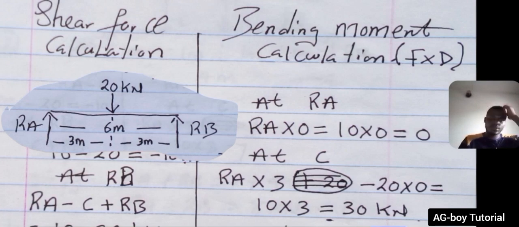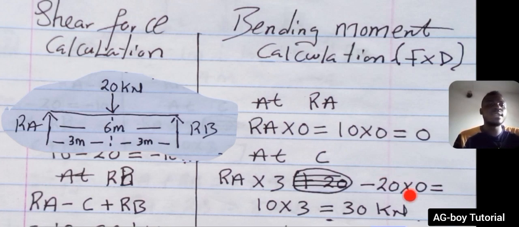When taking moment at C, which is this point, we are going to have RA multiplied by the distance from RA to C, which is 3. So we are going to have RA multiplied by 3. Then since it's negative, we are going to have minus 20 multiplied by a distance of 0.